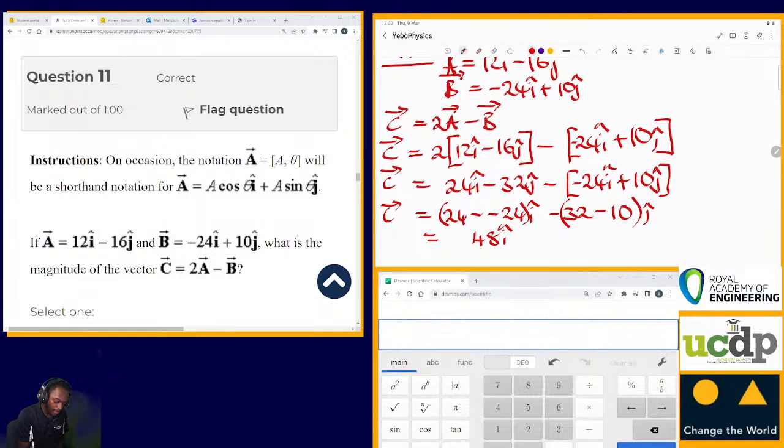Negative 32 minus that, okay, so we can just say that's negative 32 minus 10 will give us 22, right? 22 in the j. So that becomes our vector C.